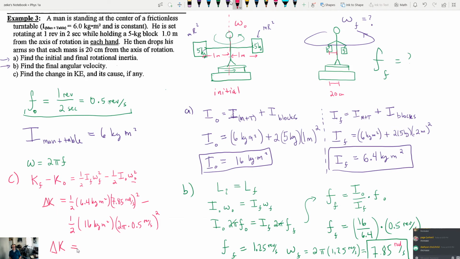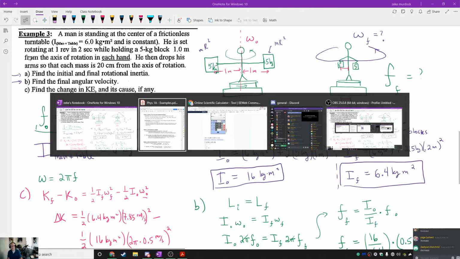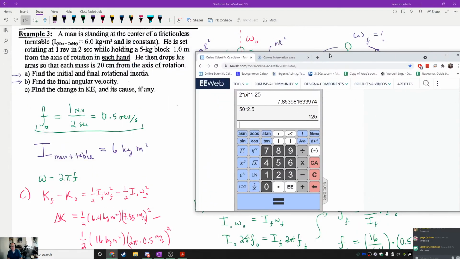The change in kinetic energy then is going to be equal to, let me go over to the calculator here. Okay, what do you all get for this answer?